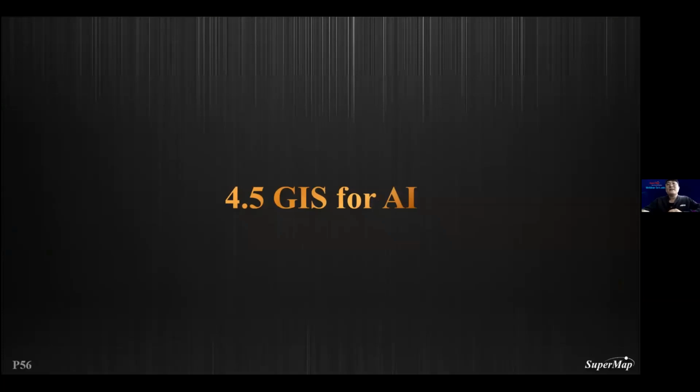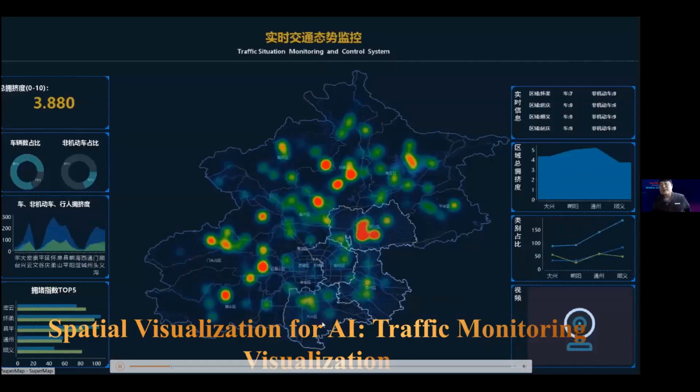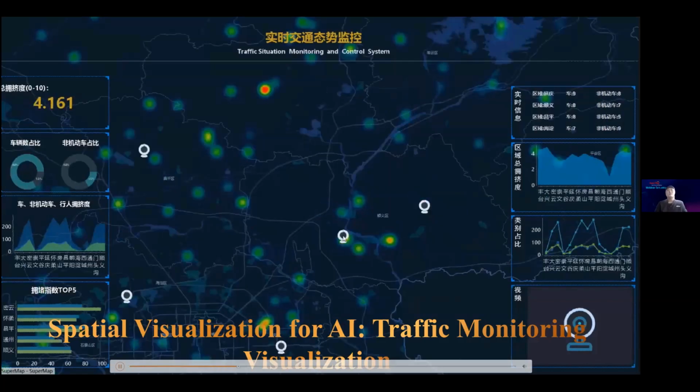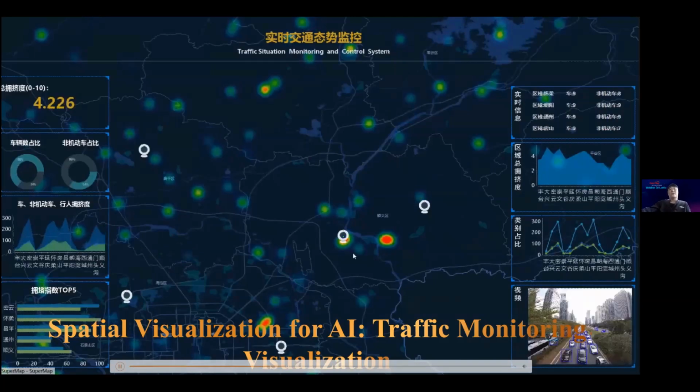Okay, and the last part of AI GIS is the GIS for AI, which is based on the GIS capability. We use the GIS to show the results of AI technology, such as the spatial visualization for AI.